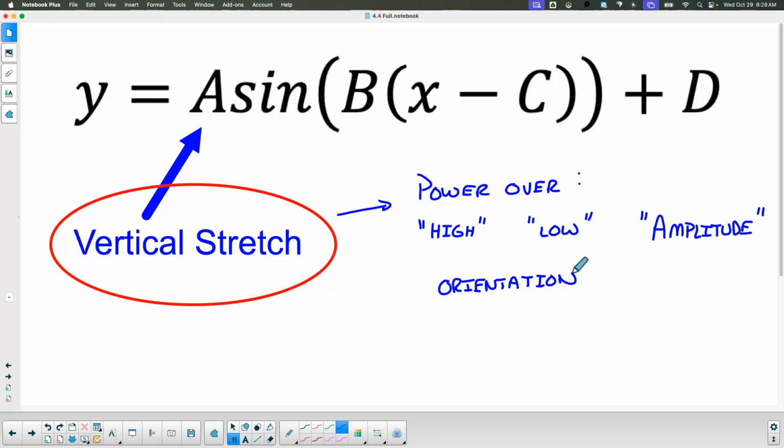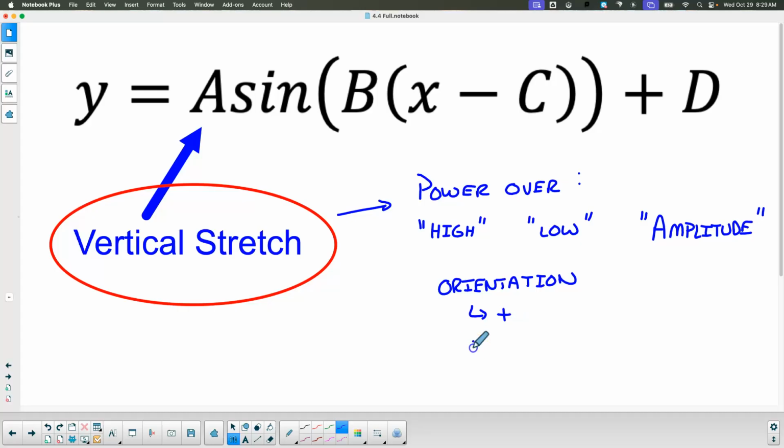What I mean by that is, if A is positive, then it goes just like we just showed you. Sine: middle, high, middle, low, middle. Cosine: high, middle, low, middle, high. If it's positive, like we have been.